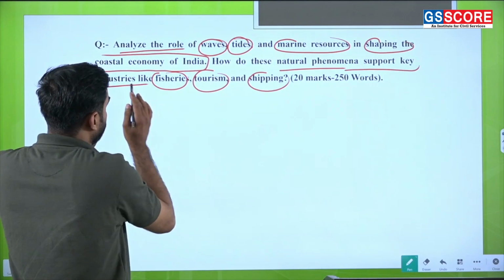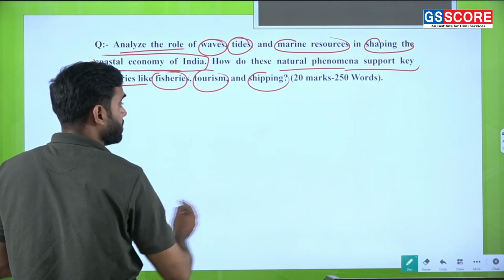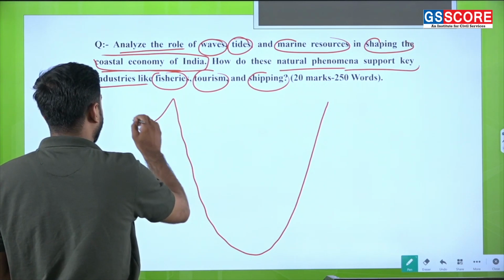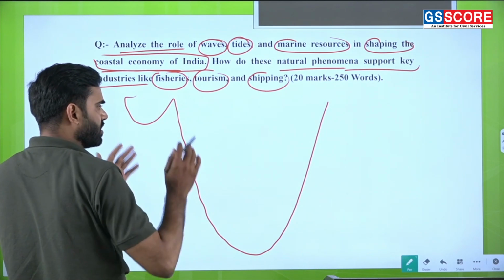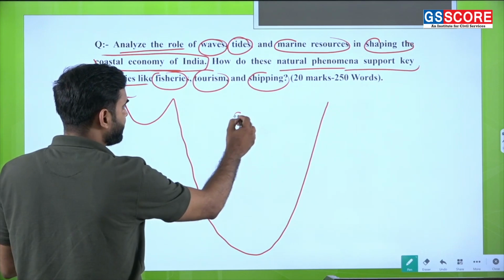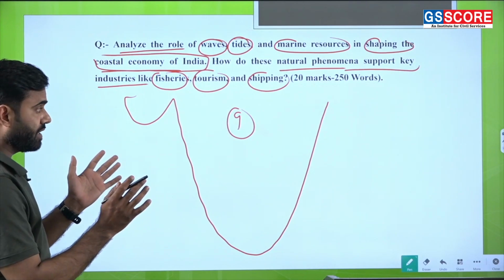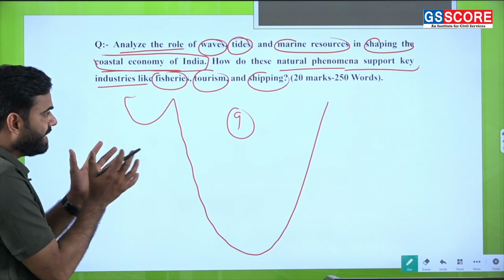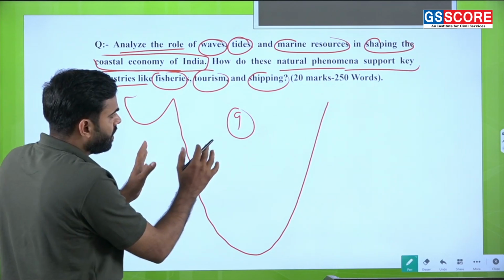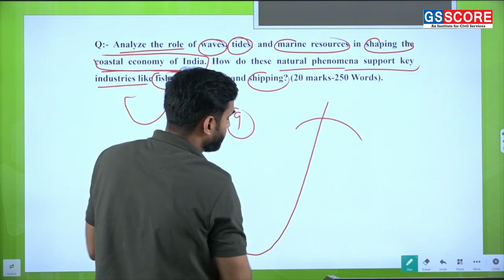Look, the question is focusing on shaping the coastal economy, and as we know, India has a very long coastal boundary, more than 7,500 kilometers, and almost 9 states make up the coastal boundaries. We have a very rough, rugged coastal terrain, and the economies of a number of states depend on the marine resources.